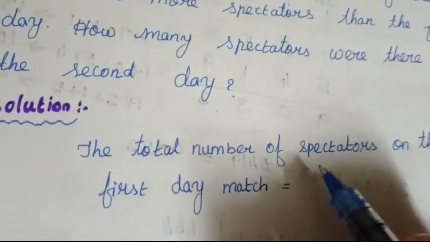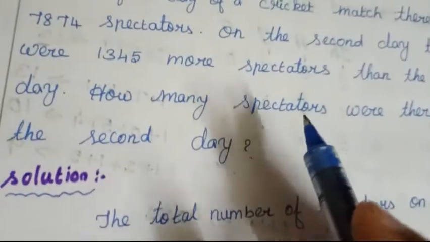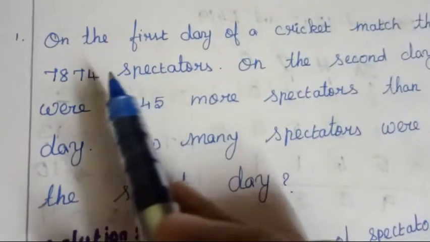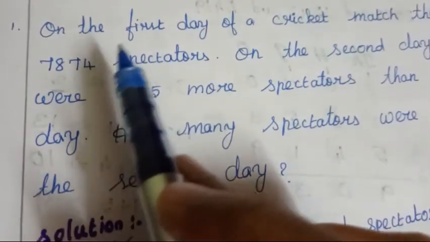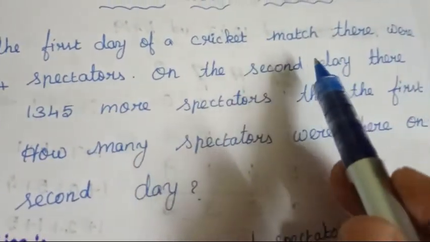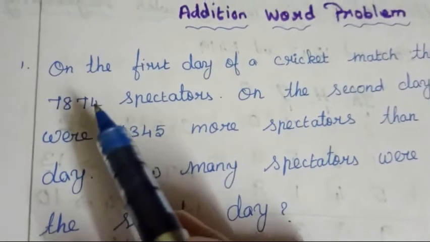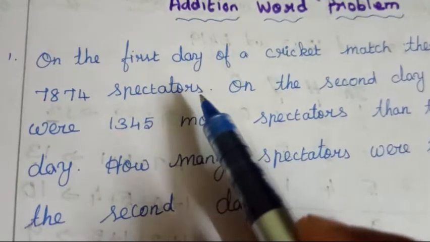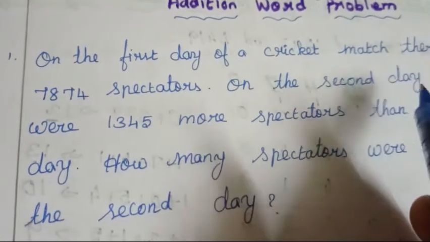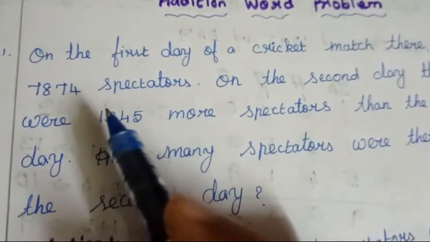Children, once again read the question. On the first day of the cricket match there were 7,874 spectators. So on the first day of the cricket match, how many spectators are there?